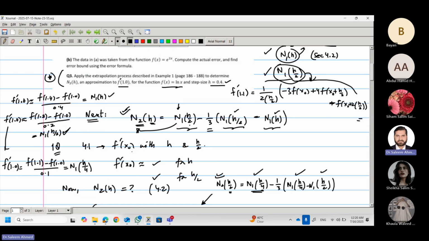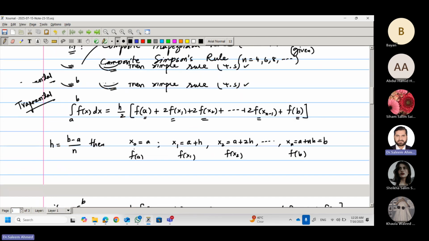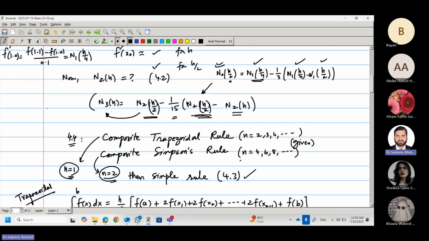Okay. So if you look at the table that I showed you, in the first column you need N1H and N1H by 2. These two give you N2H. But if they ask you for N3H as well, you need N2H by 2, which comes from N1H by 2 and N1H by 4.